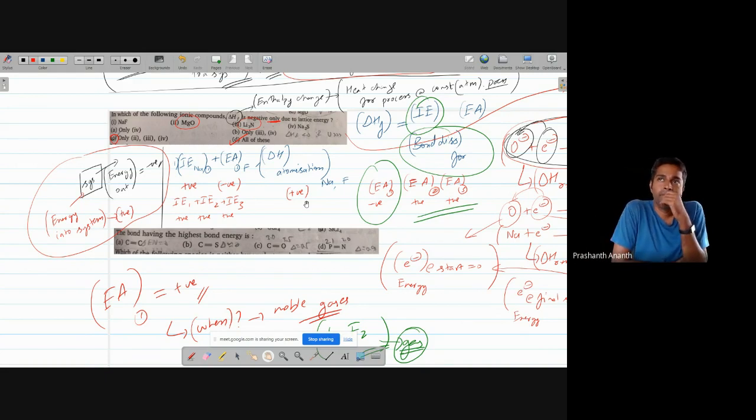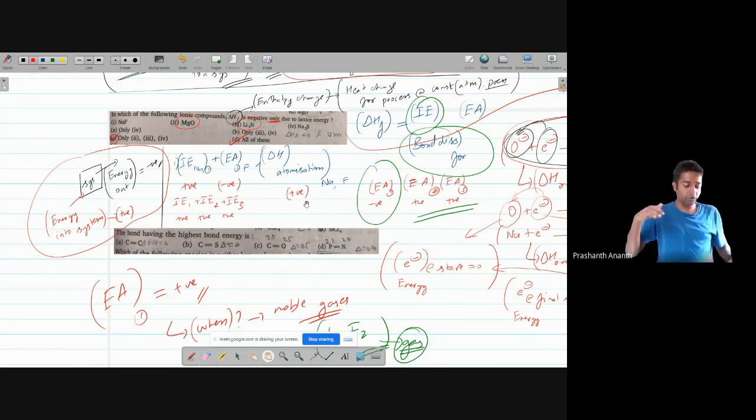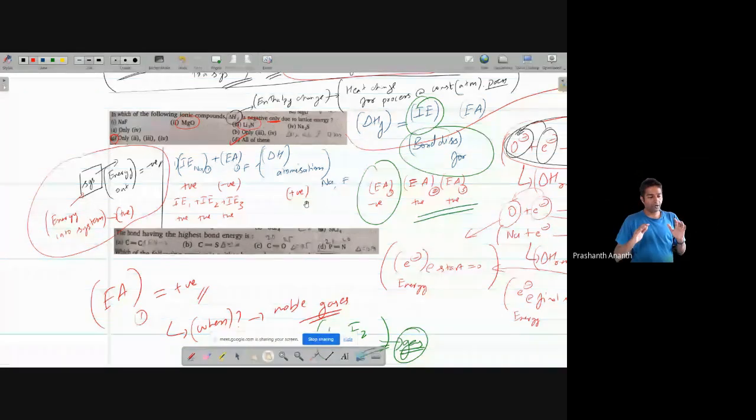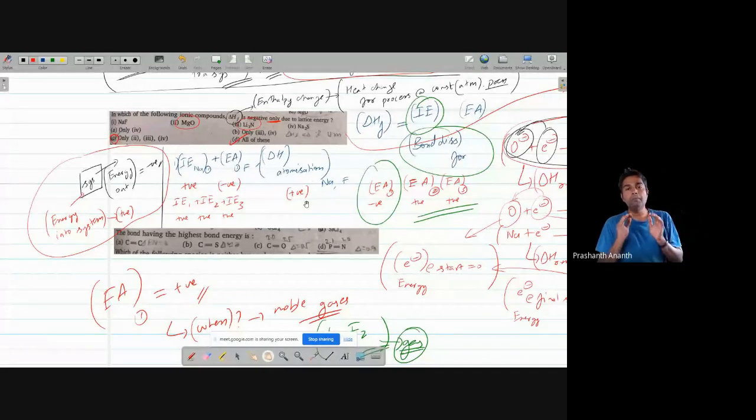Its ionic nature has reduced tremendously, so automatically the fraction of charge present on each of those systems is reduced. Lattice energy is KQ1Q2 by R related, not by R squared; that was a mistake. R value is not really the issue here, but Q1 and Q2 become much diminished when covalent character increases.